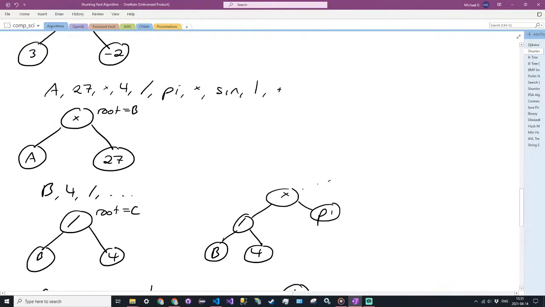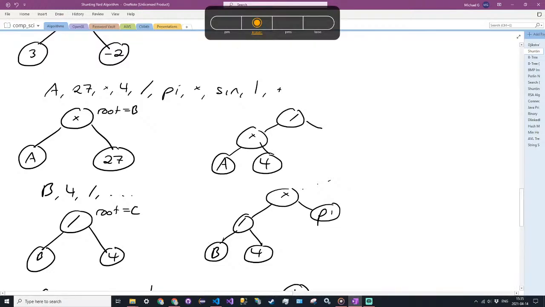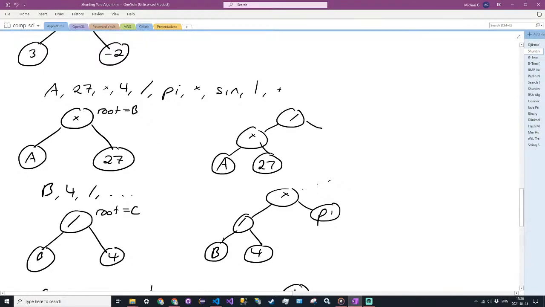And then we need to substitute for B. So we have A and 4 linked together by multiplication, which is linked together up above by the division with, or this should be A and 27, sorry. And this is the division with 4.